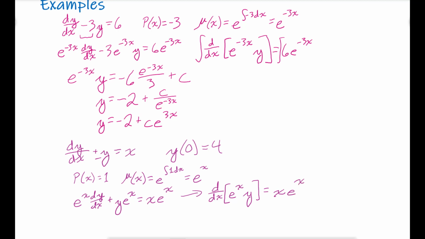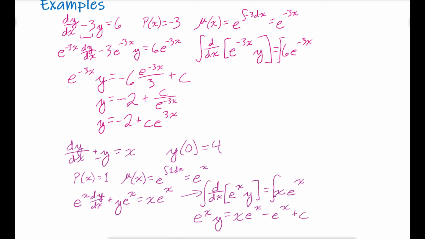And then I'll want to integrate both sides. So taking my integral, I have e to the x y equals, and integrating my right-hand side, I'm going to want to do a quick little integration by parts to do this, where I have a u value of x and a dv value of e to the x. And when I do that, what I'm going to end up with is x e to the x minus e to the x plus some constant.